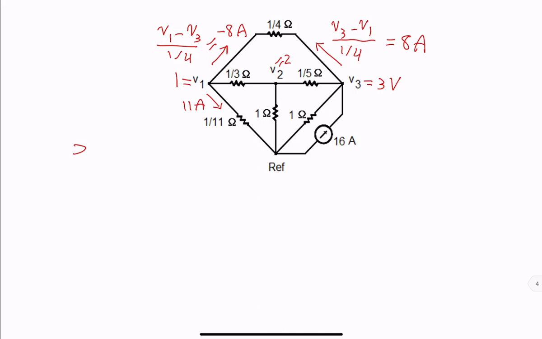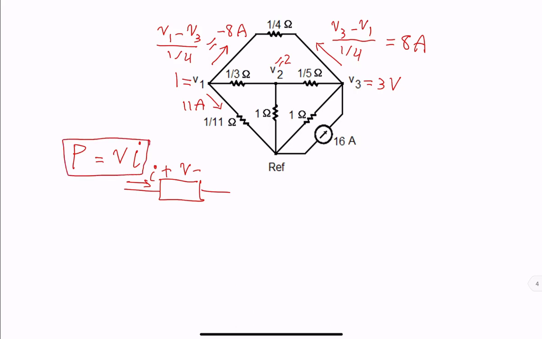For power, we use VI, and if you're looking at an element with voltage V and current I, this equation means the power absorbed by the element, we're talking about absorbed power, is equal to voltage times current entering the positive reference of the voltage.